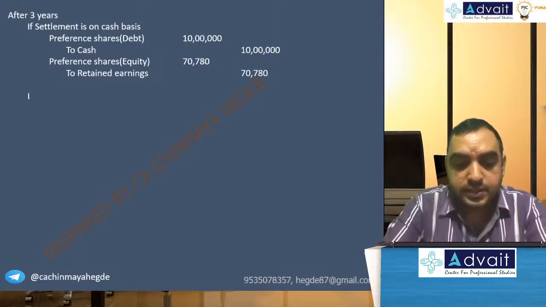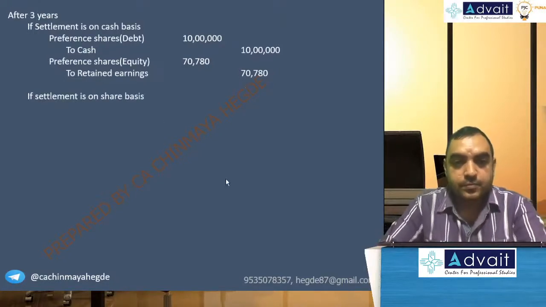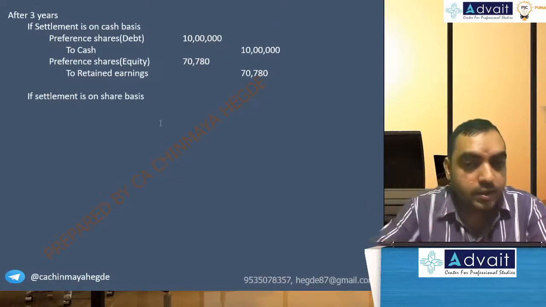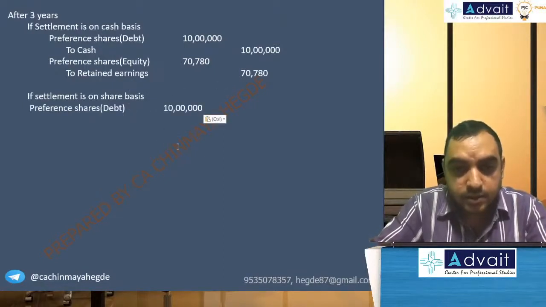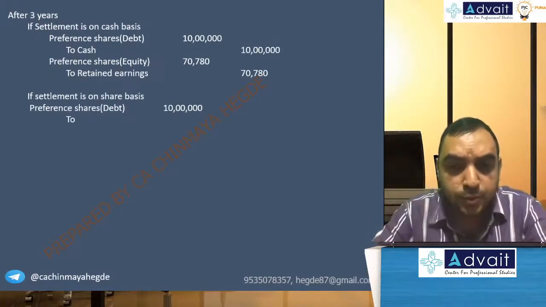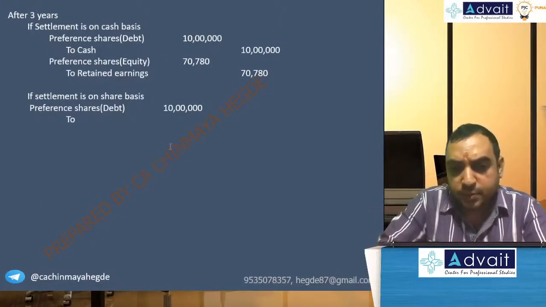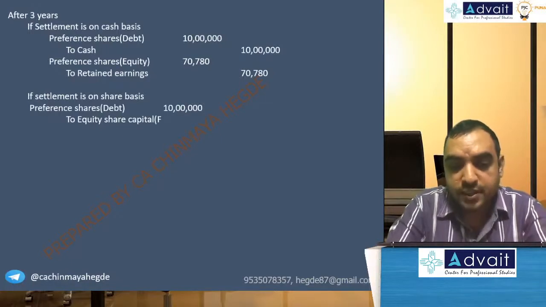Now if settlement is on share basis, then what would happen? The preference share debt 10 lakh is debited, and credit equity share capital. We don't know how many shares are issuable for a fixed number of shares, I really don't know the number, so let me just say whatever is the equity share capital to the extent of face value.